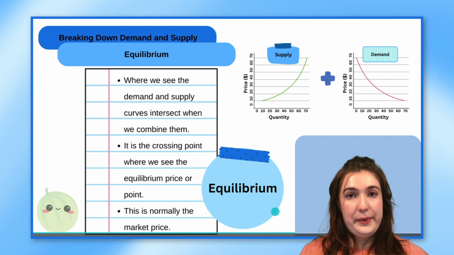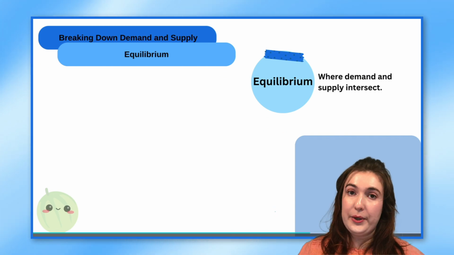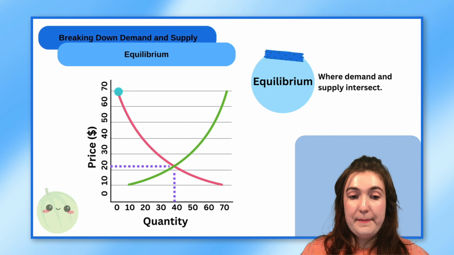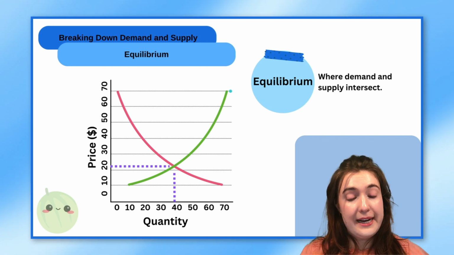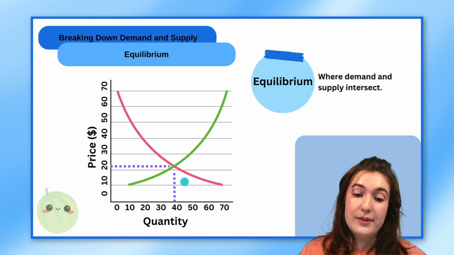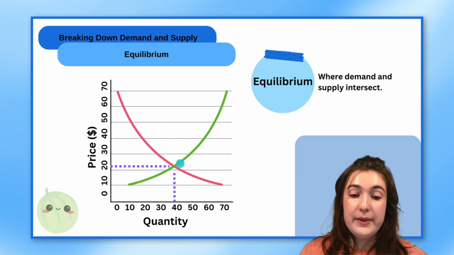So if we go and we combine our supply and demand curves together, it'll look something like this. This is our demand curve, the pink line, and this is our supply curve, the green line. Equilibrium happens right over here where we see them intersect. So that is designated by our purple little spot there.